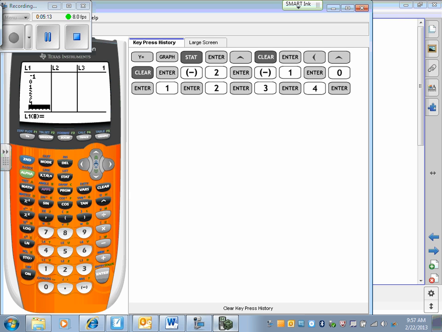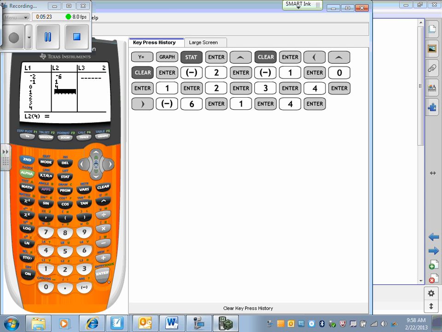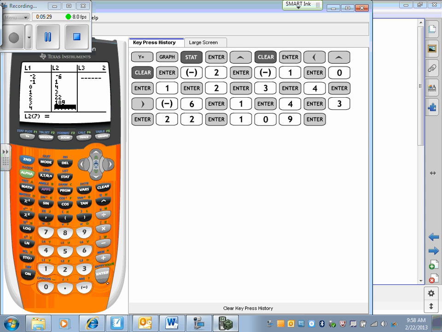Then I go over to L2, and I put in those numbers, and that is -6, 1, 4, 3, 22, 109, and 336.